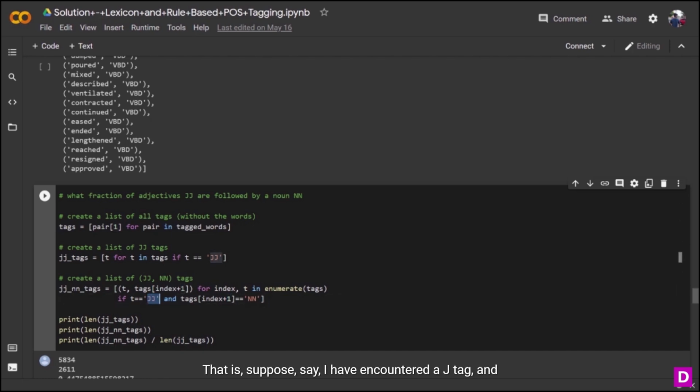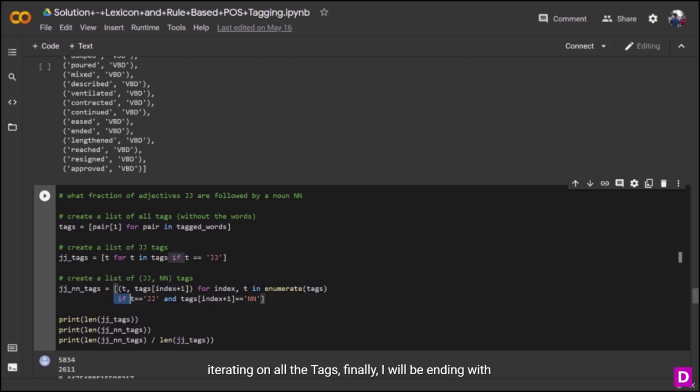Suppose I have encountered a JJ tag, and I am checking whether the next positional tag is a noun or not. So I am checking whether an adjective is followed by a noun, right? Soon after the adjective, whether there is a noun or not. That's what I am checking with this for loop.